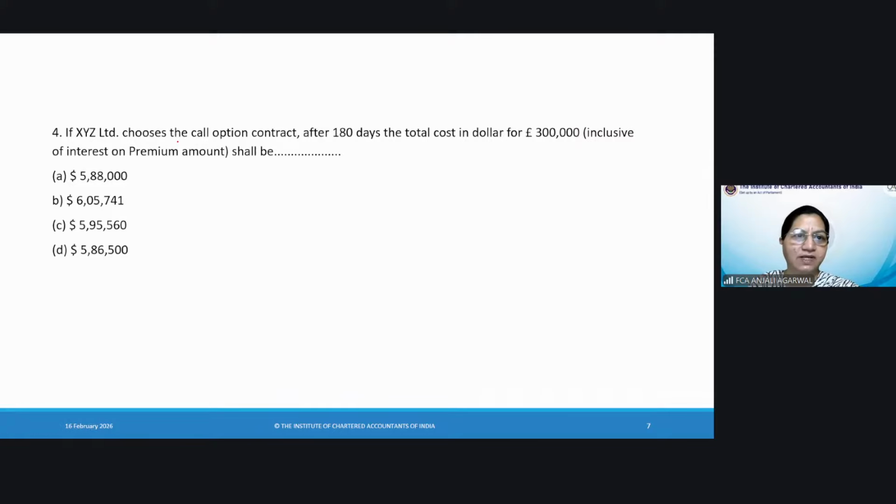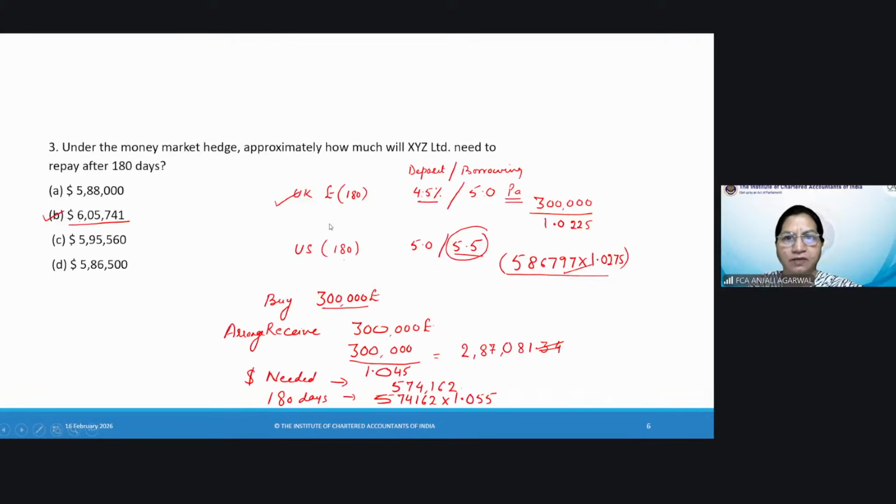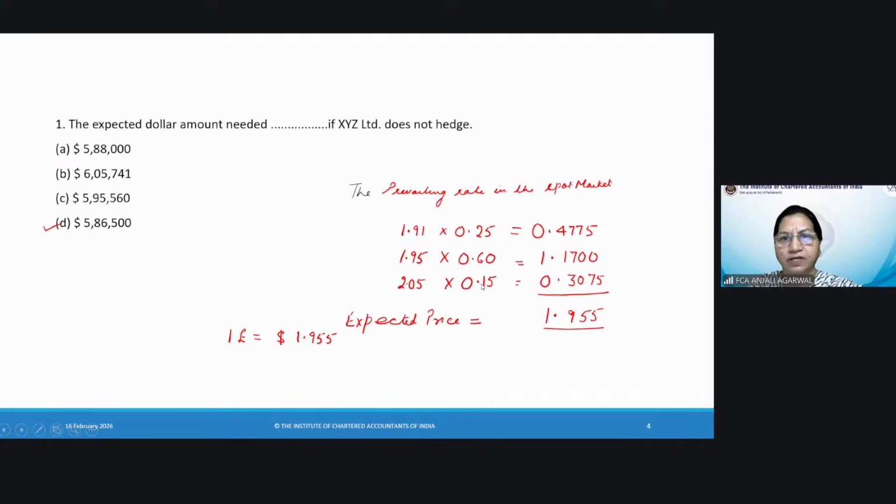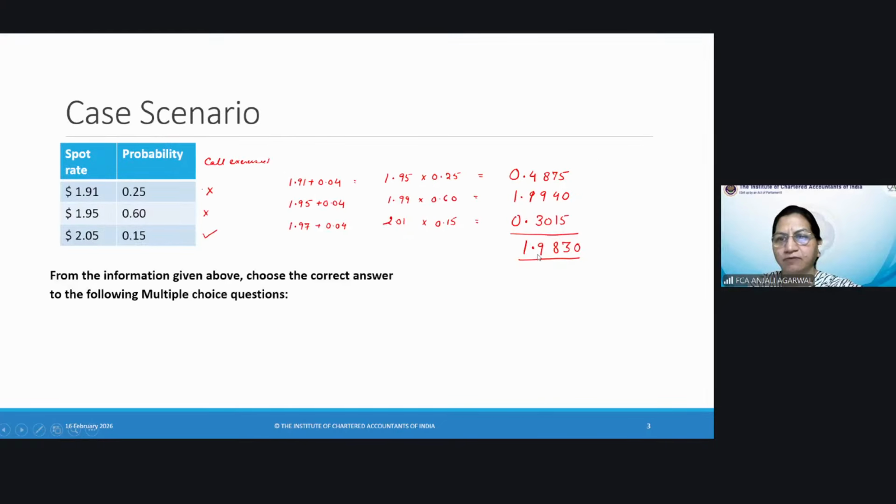Next, if XYZ chooses the call option contract, we have already done the working. If it is a call option, it would have cost us 1.9830. So 1.91, call is not exercised, plus premium, so 1.95. Then also the call is not exercised.